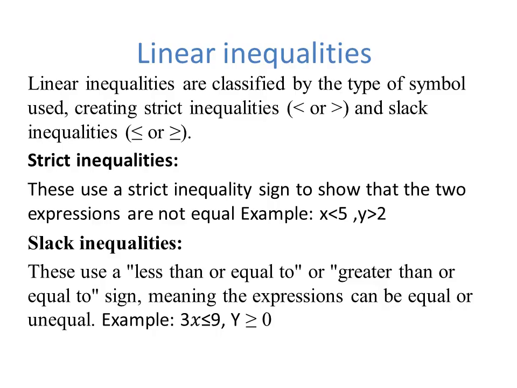For example, x is less than 5, y is greater than 2. Slack inequalities use a less than or equal to or greater than or equal to sign, meaning the expressions can be equal or unequal. Example, 3x is less than or equal to 9 or y is greater than or equal to 0.